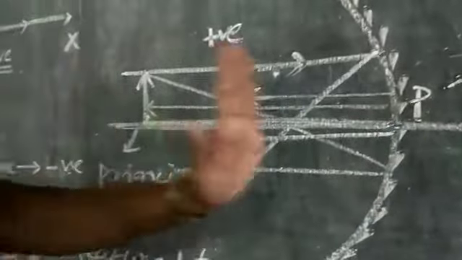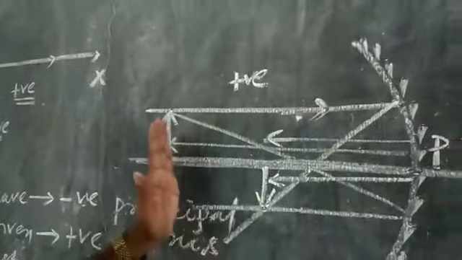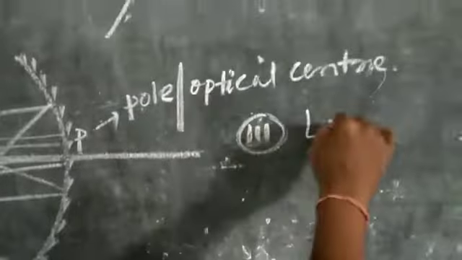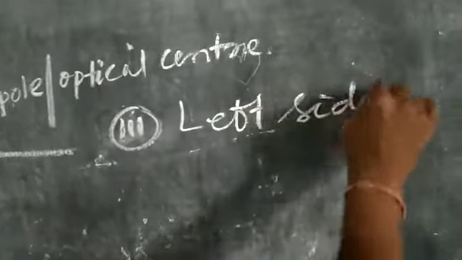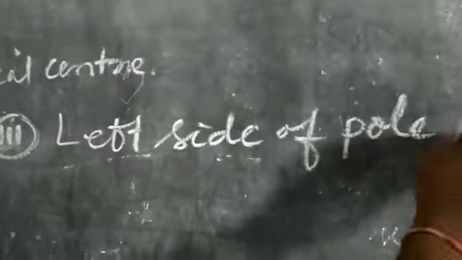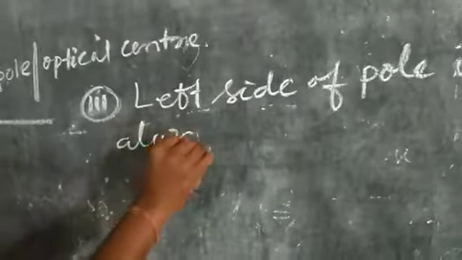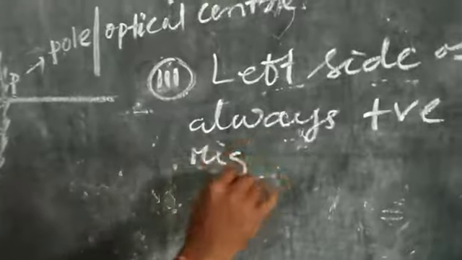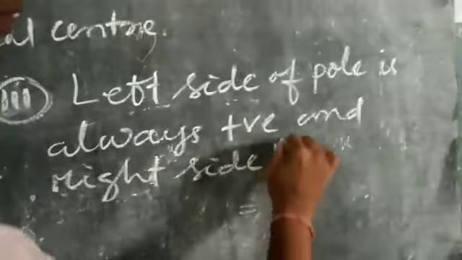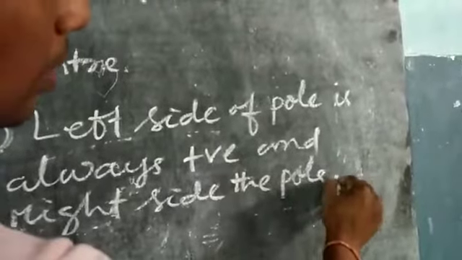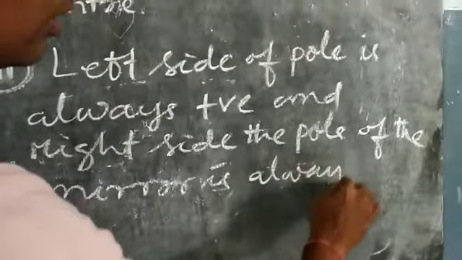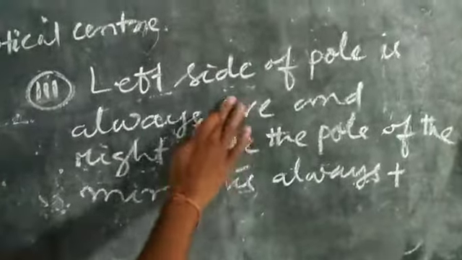Going by the direction of the incident ray, the right side of the pole of the mirror is always positive, and the left side is negative.